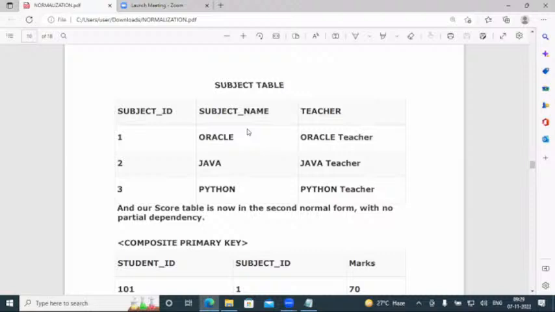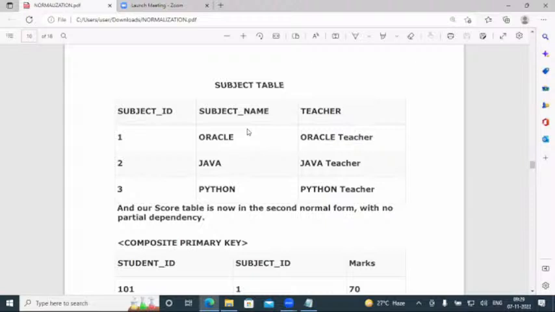Subject ID is a primary key. Based on subject ID, the remaining columns' data I can fetch. That's why I'm saying subject ID, employee ID, PAN card number, Aadhaar card number, these are all what? Key columns. Based on your PAN card number, I can get your entire details.